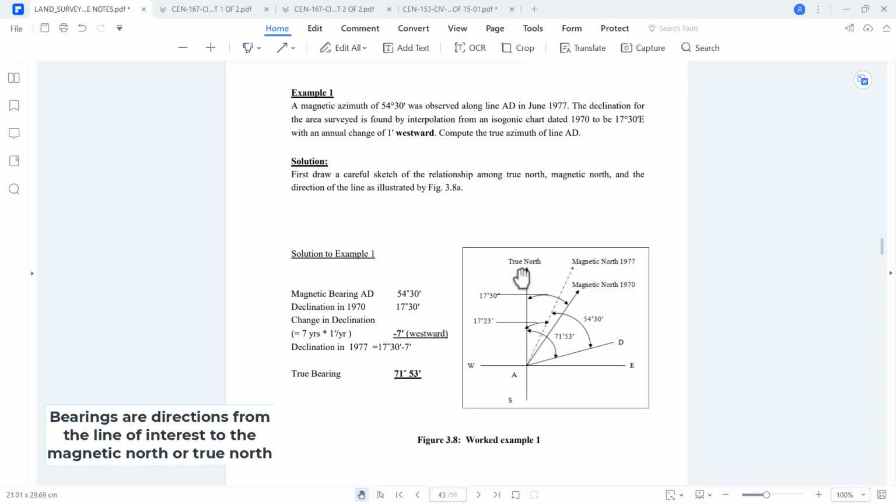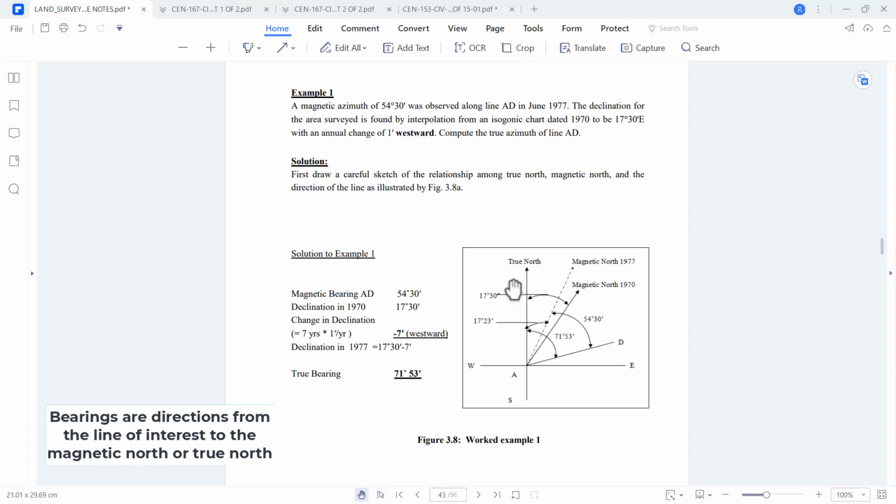So for us to get our true north, you have to subtract that shift so that we will come back to the north. Now this angle has pushed the magnetic bearing here, because our focus is to get the true north.